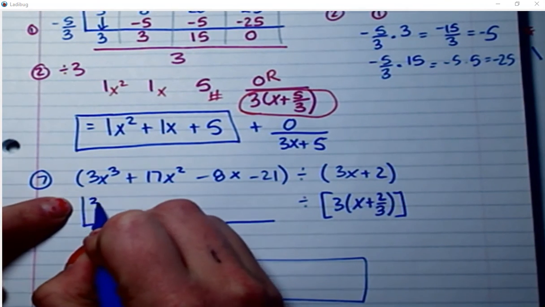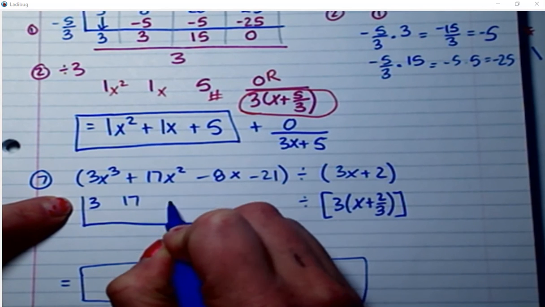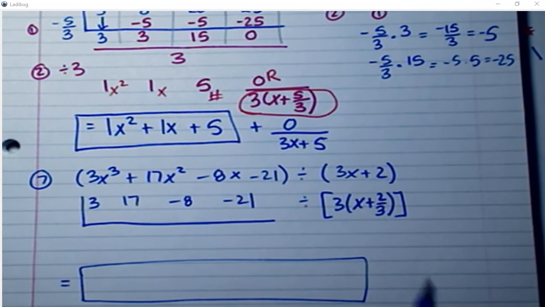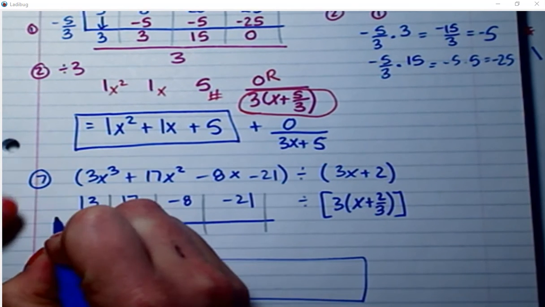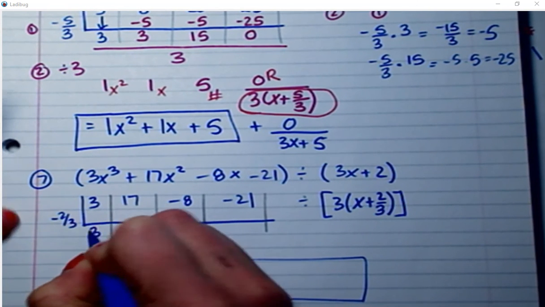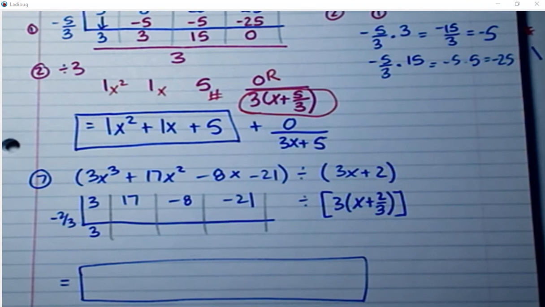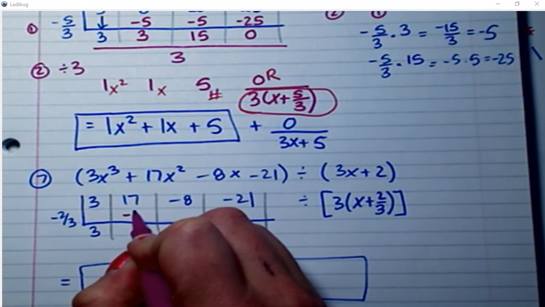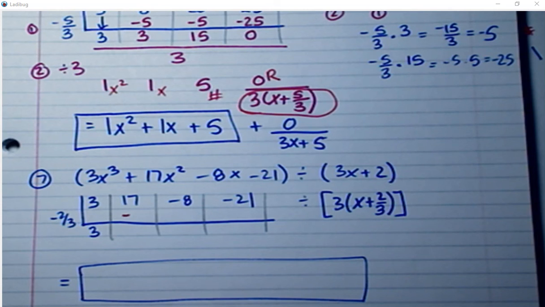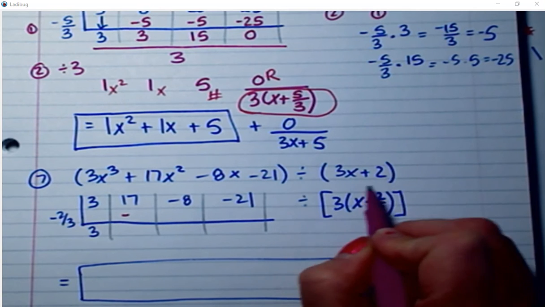Okay, so we go 3, 17, minus 2/3 and 3. All right, keep going. No, I would rather you write it over this.